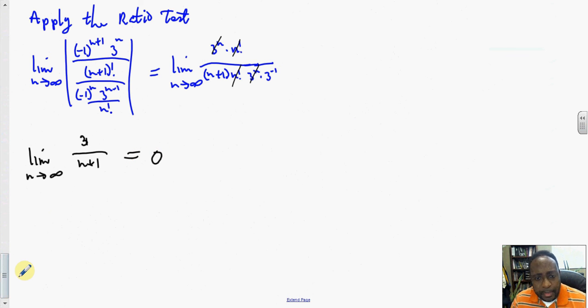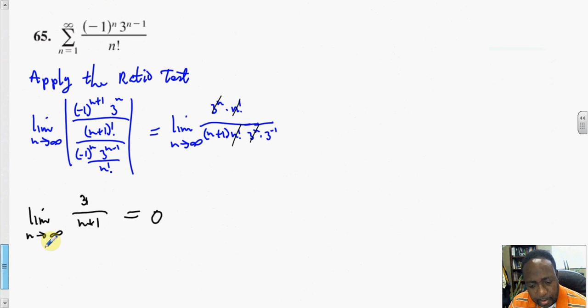And as n goes to infinity, 3 over n plus 1 goes to 0. Now, by the so-called ratio test, that test said that we have convergence here if this number, the limit, is less than 1. We get 0.